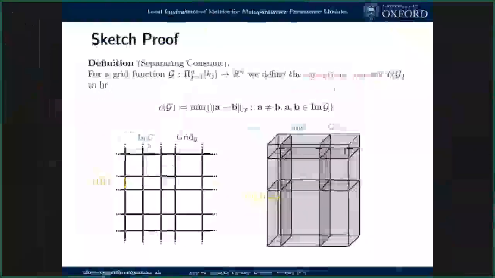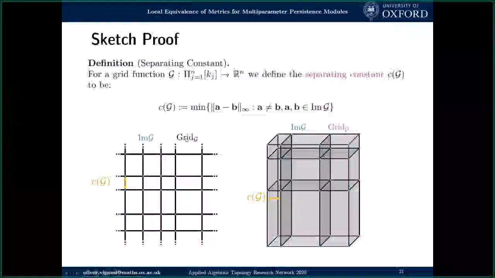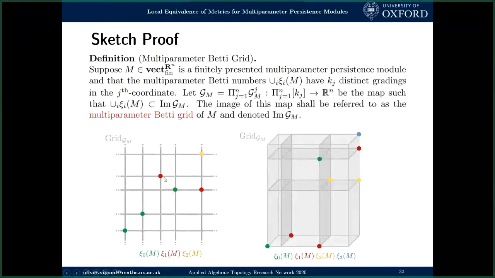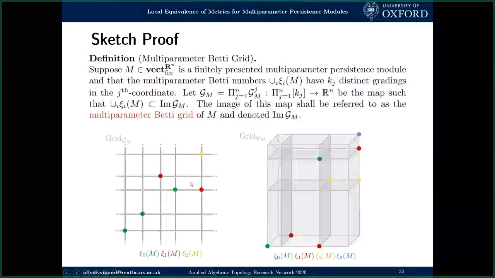Okay. So if we have one of these finite grids, we look at the minimal separation between the coordinates in this lattice. So in this particular example, this distance is the smallest distance between these two points in my lattice, and really I'm thinking about this lattice associated to the Betti numbers of a multiparameter module. So yeah, the constant is the smallest distance between any of the coordinate values of any of the multiparameter Betti numbers.